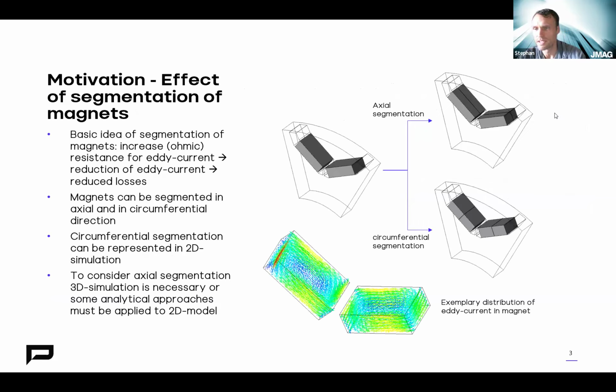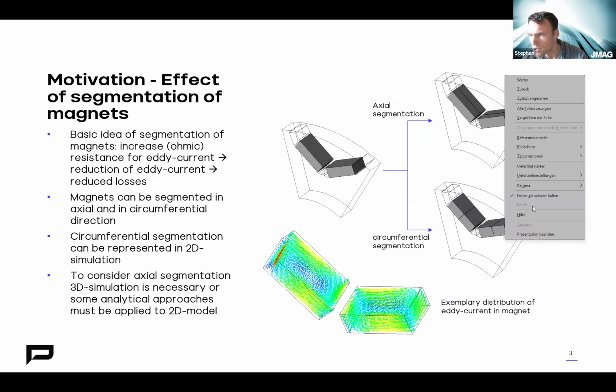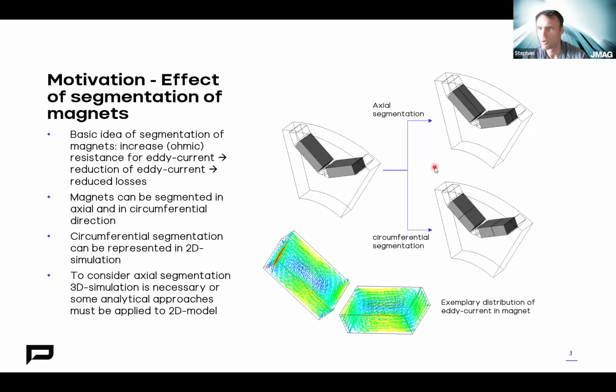If you want to consider segmentation, there are usually two ways that we can use. On the one hand, there's the axial segmentation. So instead of one big magnet, we divide this magnet into two parts in the axial direction.